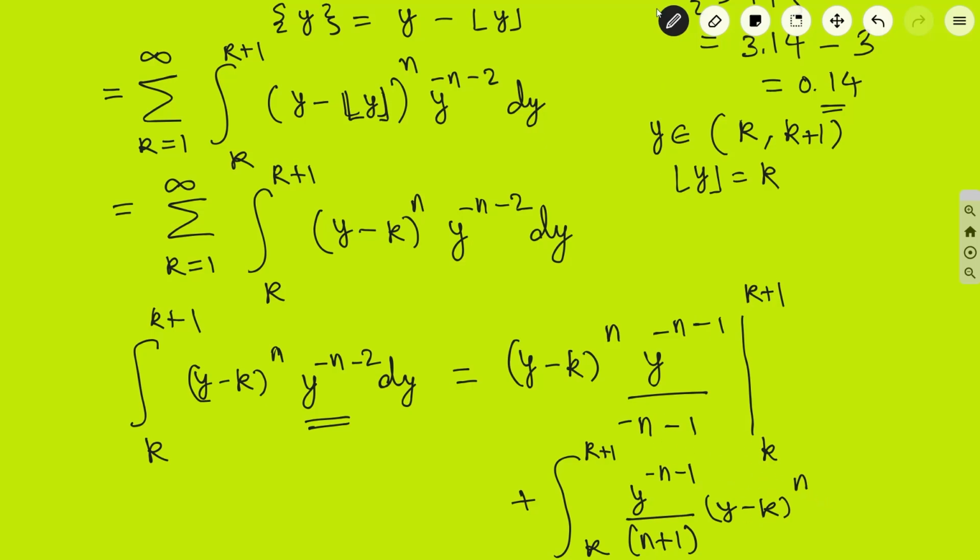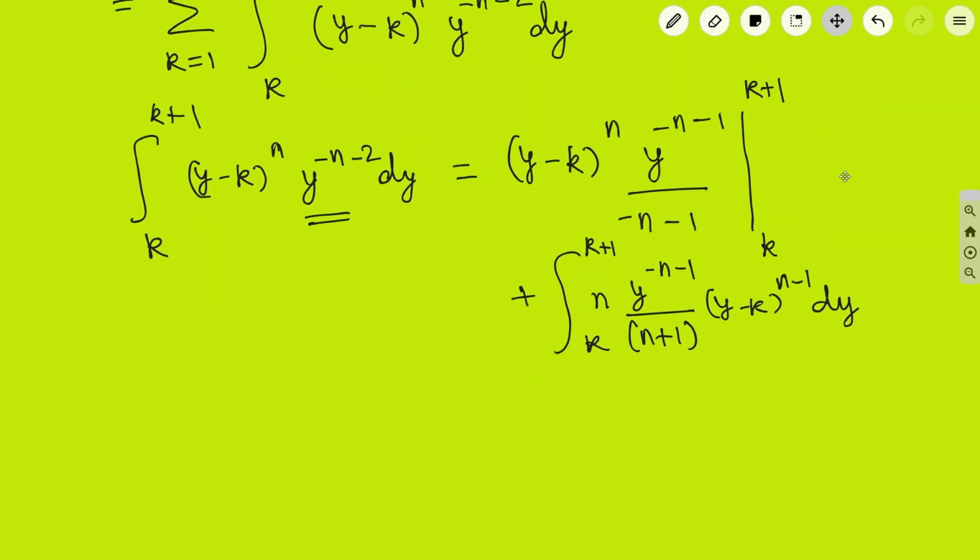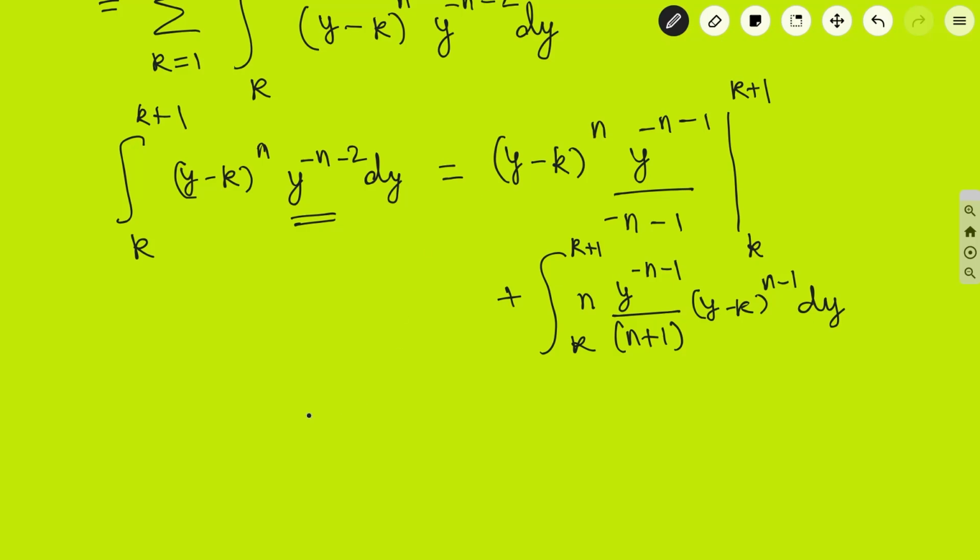Basically you need to differentiate it, so let me write that part here. When you differentiate it, you get n (y minus k) to the power n minus 1, and then you have dy. So let's break this down further.